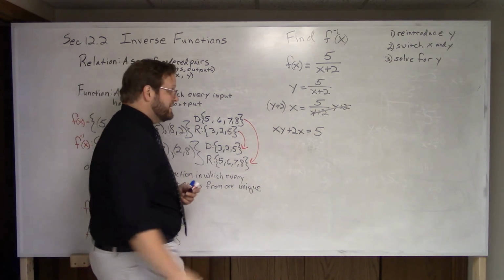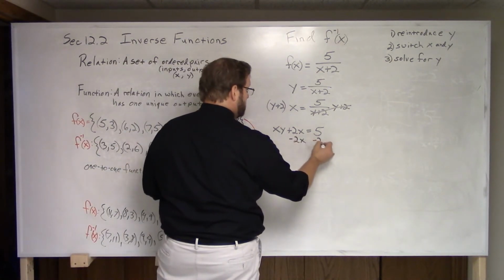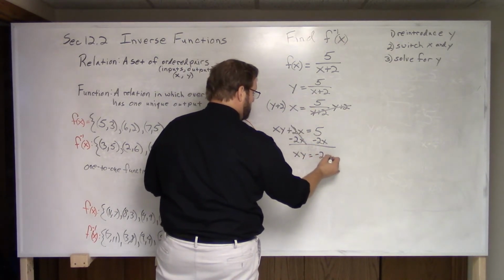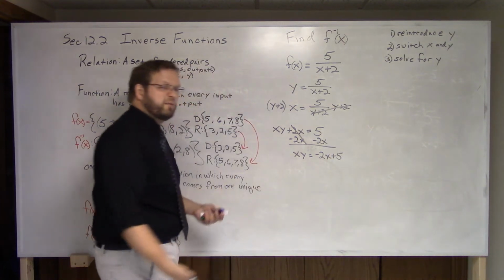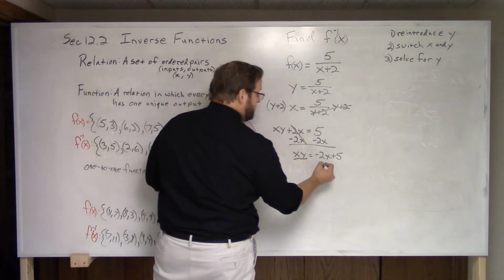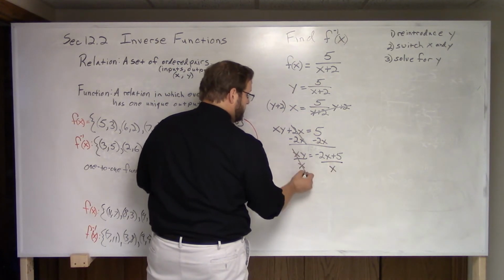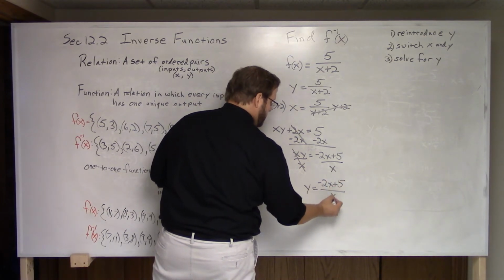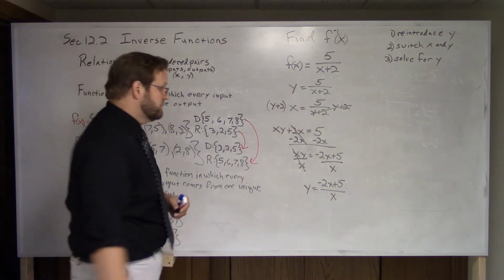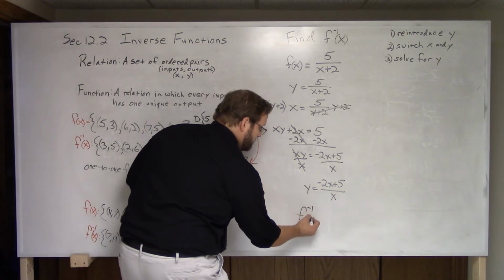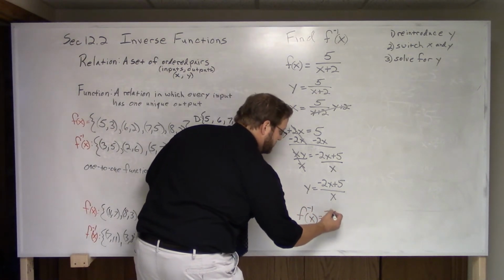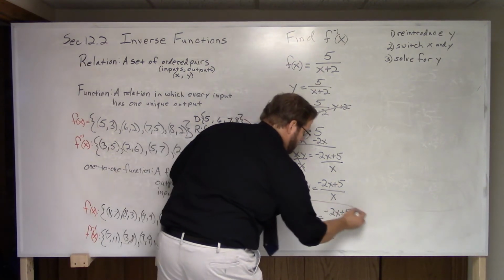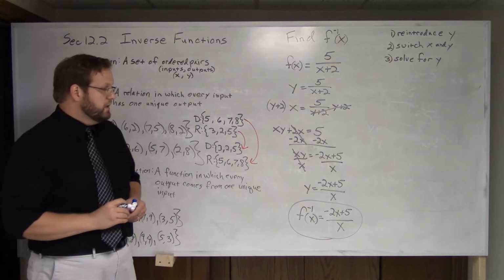And then I get that y by itself. So I would subtract the 2x. You could write 5 minus 2x if you'd like. And then divide everything by x. And there's my inverse. Just for good measure, let's use that inverse notation. There's my inverse function.